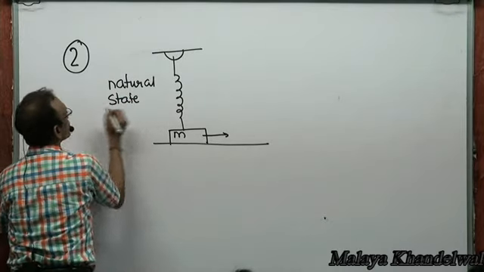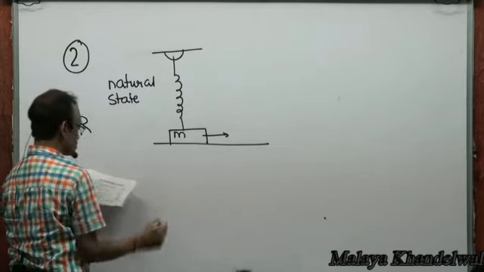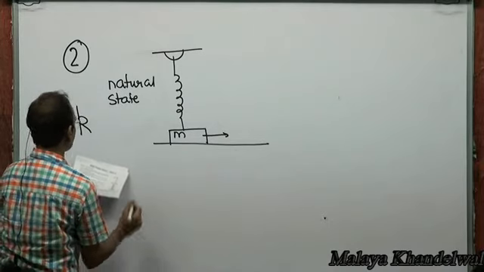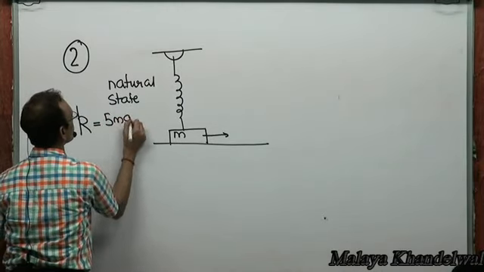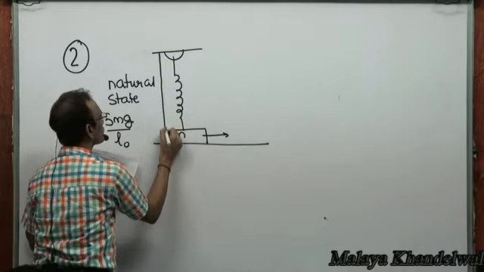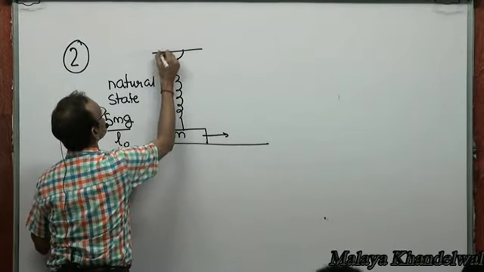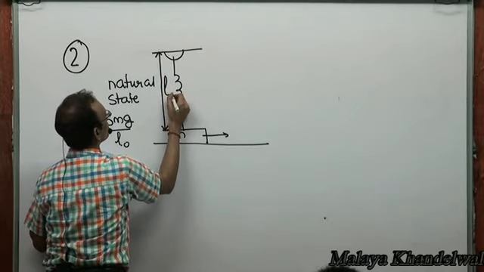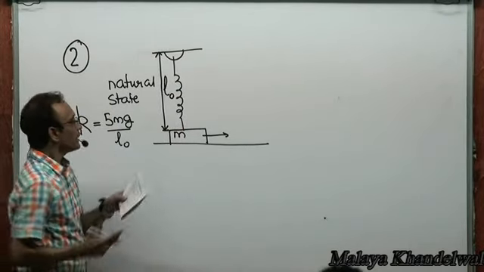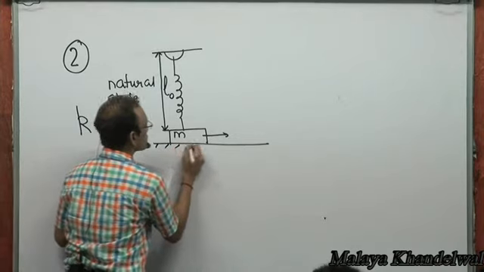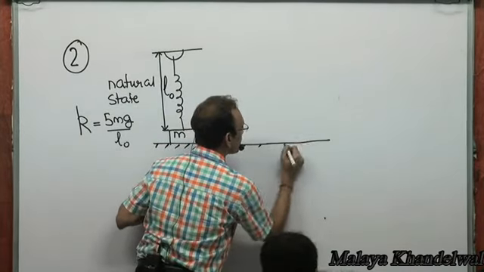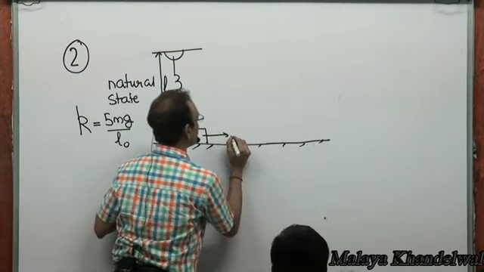This is a spring of force constant K given by 5 mg by L naught, where L naught is the original length of the spring. At this instant, this particle resting on a smooth horizontal surface is imparted a velocity v naught to the right.